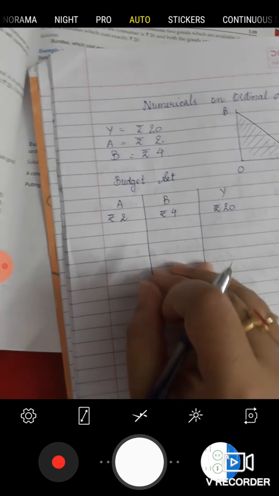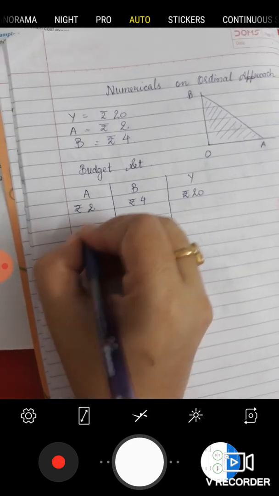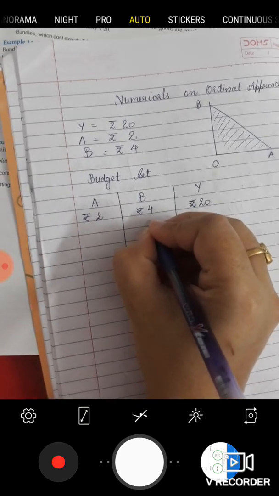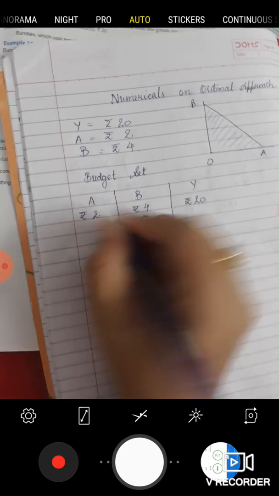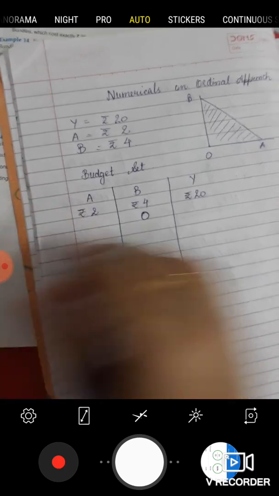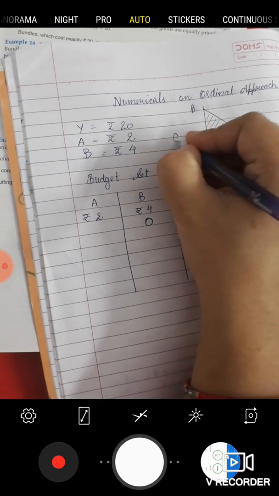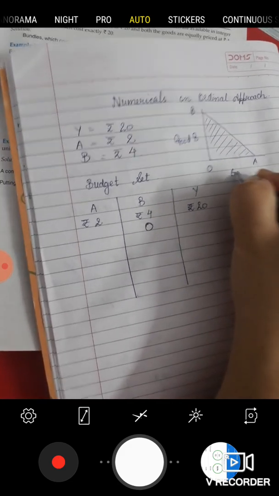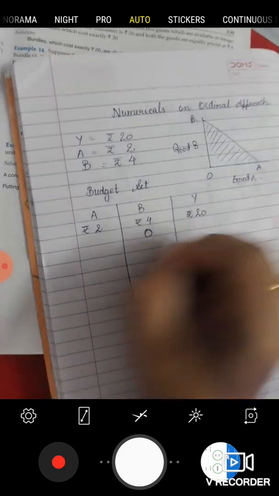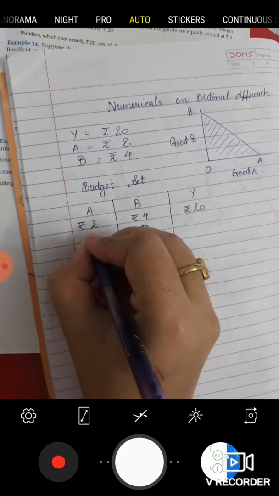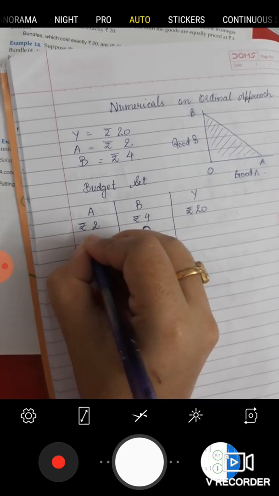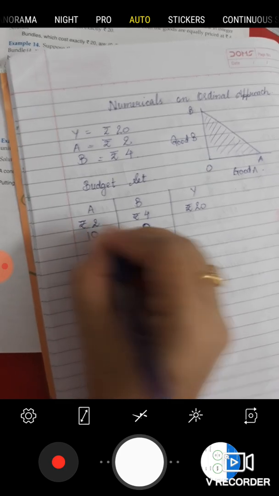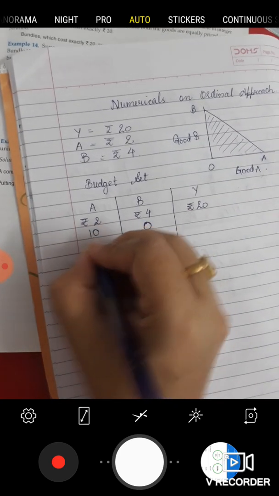So how do we find the different bundles? If the consumer is purchasing 0 units of good B, how many units of good A are being purchased here? 10 units, because at rupees 2 we can buy 10 units.